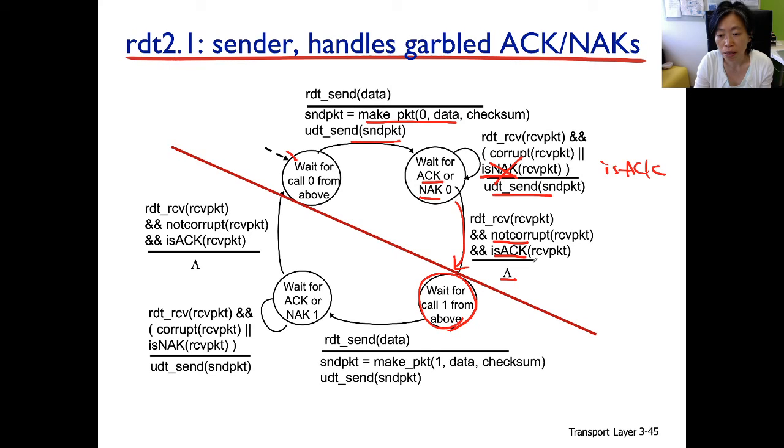So what should be the sequence number we expect here to pass so that we move on to the next state? We are expecting 0, right? So the sequence number here should be carrying 0. So we should be checking is ACK and particularly sequence number being 0. Therefore, we can move on.